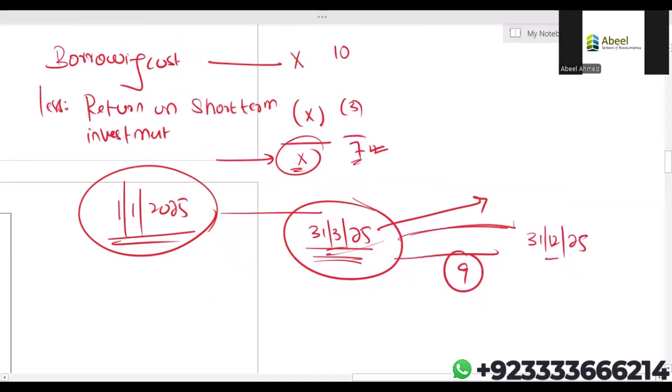For example, we started incurring the expenditure from March 2025 and the qualifying asset was completed in December 25. Then in my example, only the last 9 months borrowing costs will be capitalized. And if we have deposited any amount in the last 9 months, only the return on those funds will be deducted from the borrowing cost of the last 9 months. For the first 3 months, borrowing cost will be expensed out, that will go to P&L. And if we have invested the fund in the first 3 months, then the return on that fund will also go to P&L.